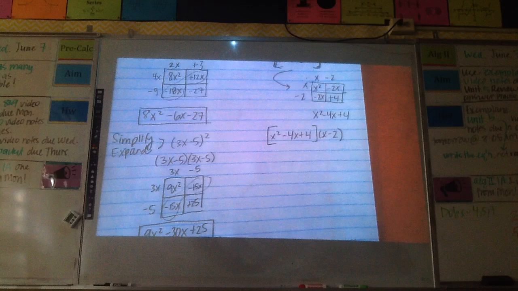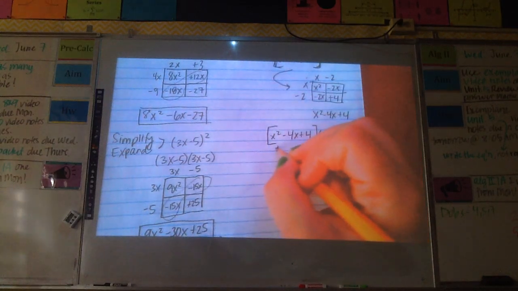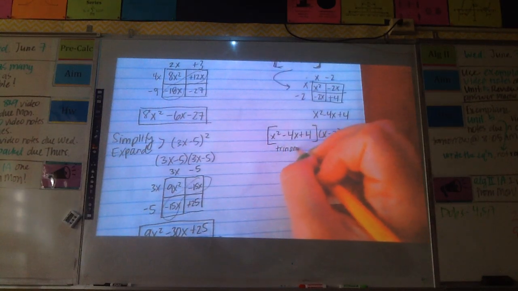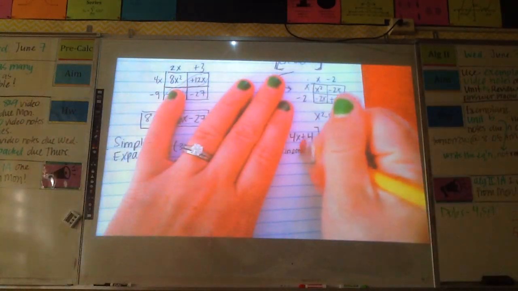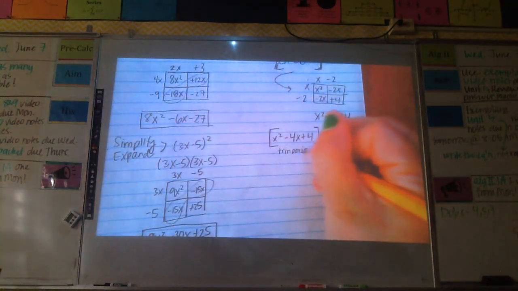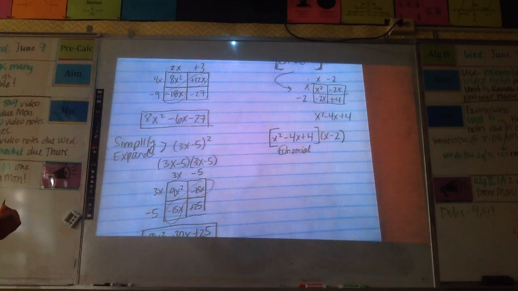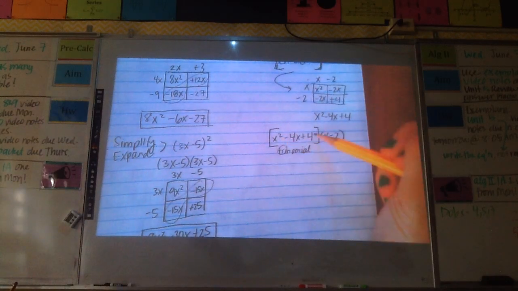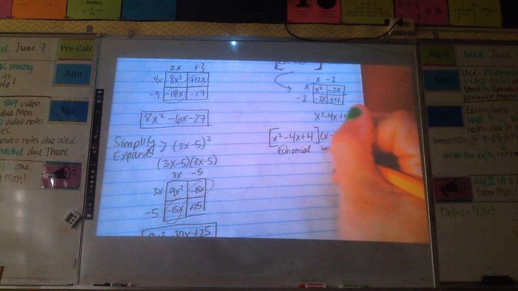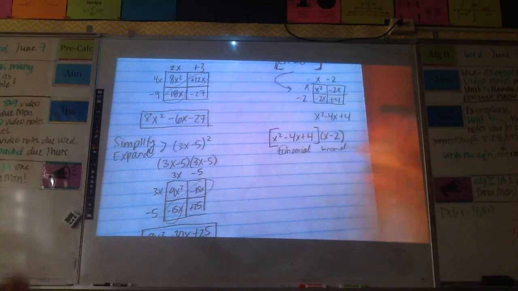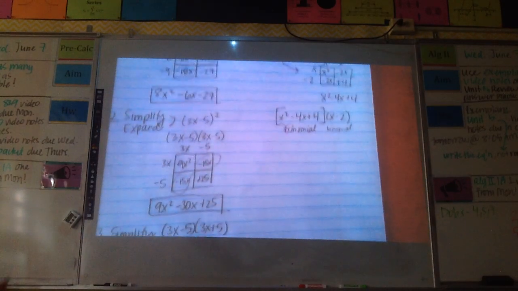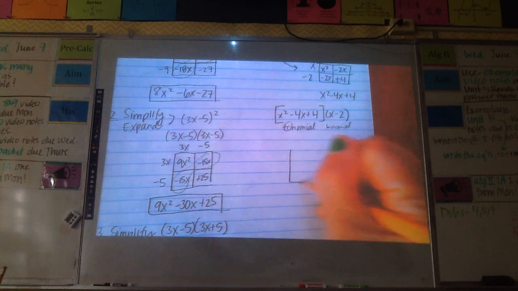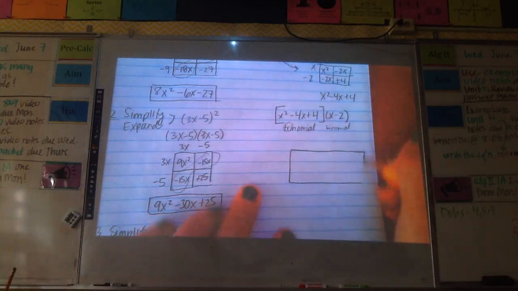This is a little bit different because I have a trinomial, an expression with 3 terms, tricycle, right, tri means 3, an expression with 3 terms times a binomial, x minus 2, an expression with 2 terms. So this time when I set up my box, I need a bigger box.